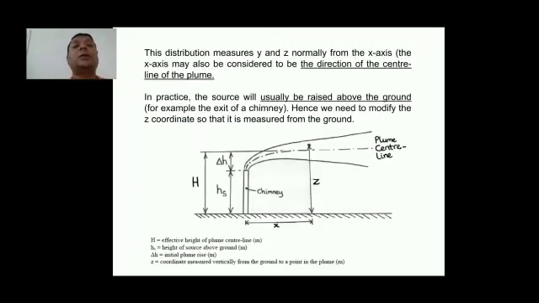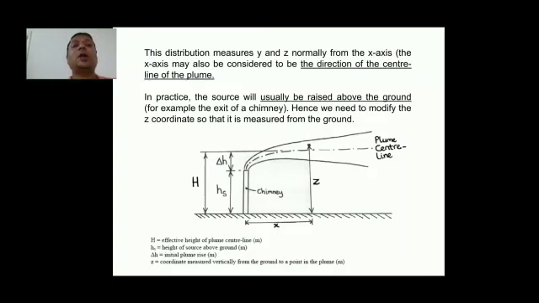The directions y and z are measured normally from the x-axis. The x-axis may also be considered to be the direction of the central line of the plume, as we are seeing in the picture. In practice, the source will usually be raised above the ground, for example, the exit of a chimney.